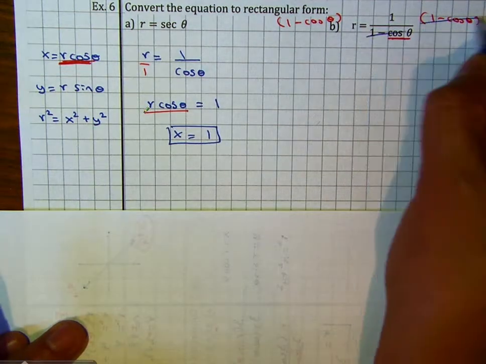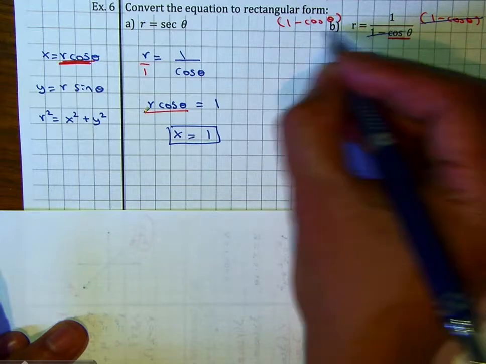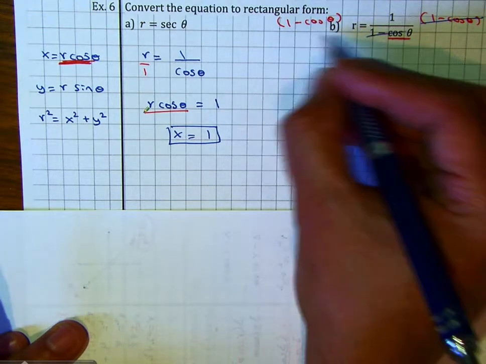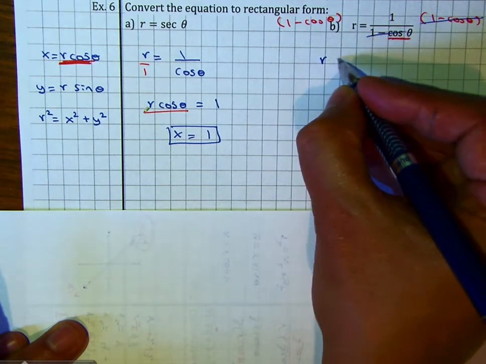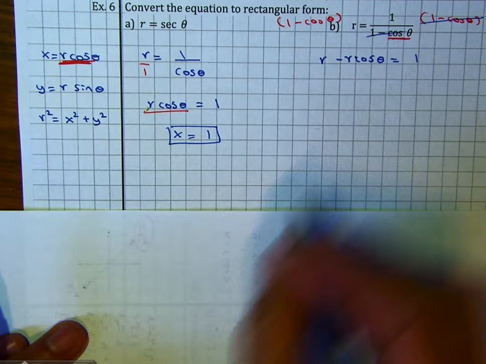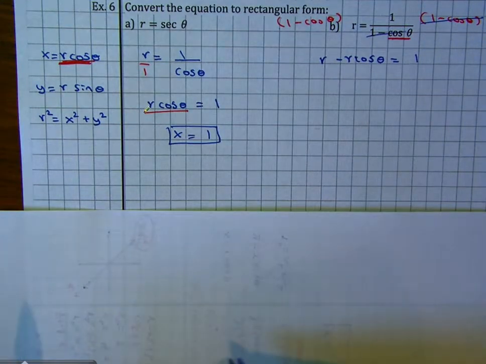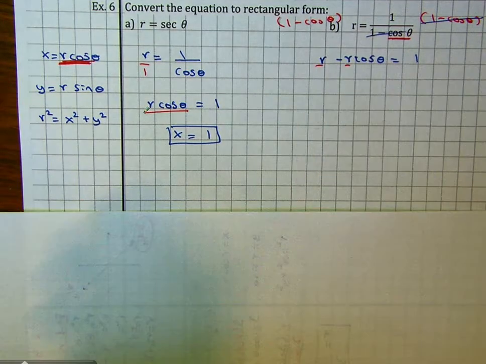That will cancel out. So therefore I have, let me multiply it out. We have r times 1 gives me r, times negative cosine is negative r cosine of theta. Now, one of the things that we have to be careful about is that we are very tempted to factor out the r from here.